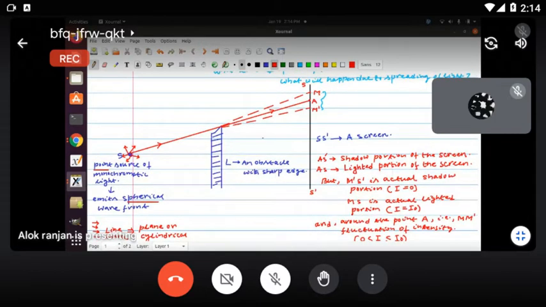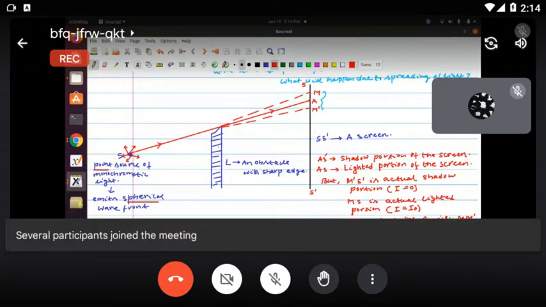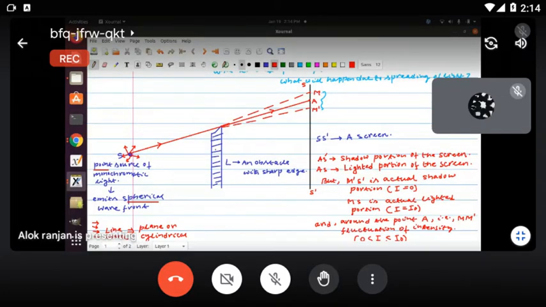So now, as you can see, we need three objects, or in experimental language, three apparatus. One is called the source. You could have monochromatic light, and then we have an obstacle, which has, let's say, a sharp edge like this, and then we have a screen.